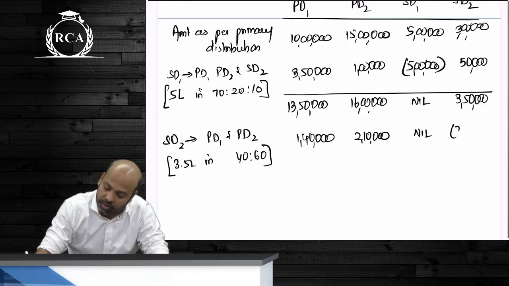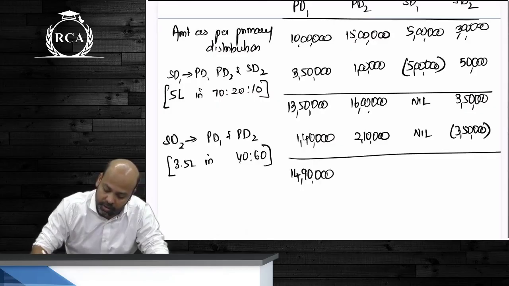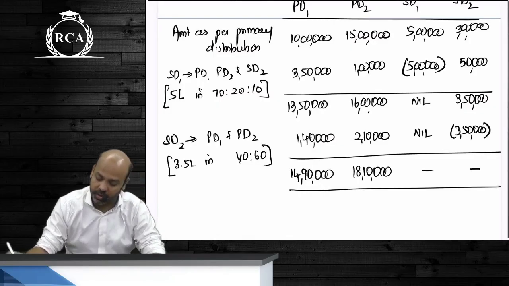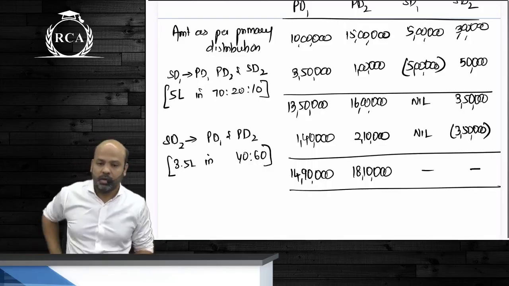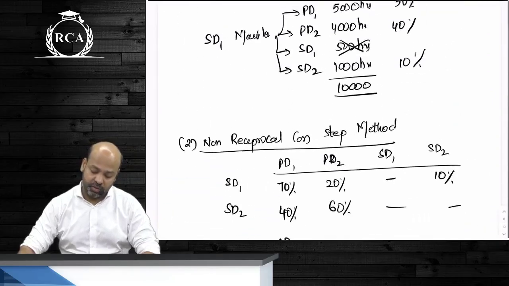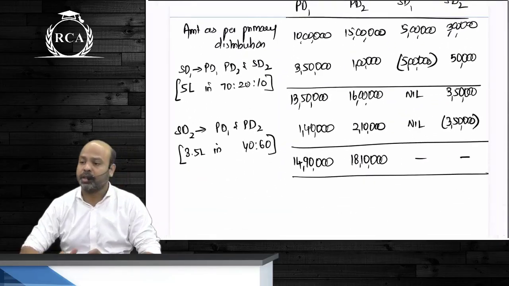This will be 0 and this will be negative 3 lakh 50,000. The total amount beta here becomes 14 lakh 90,000. This will become 18 lakh 10,000. This will be 0 and 0. The total amount of overheads do not change, guys. Only the overheads department wise will change depending on the method of reapportionment.